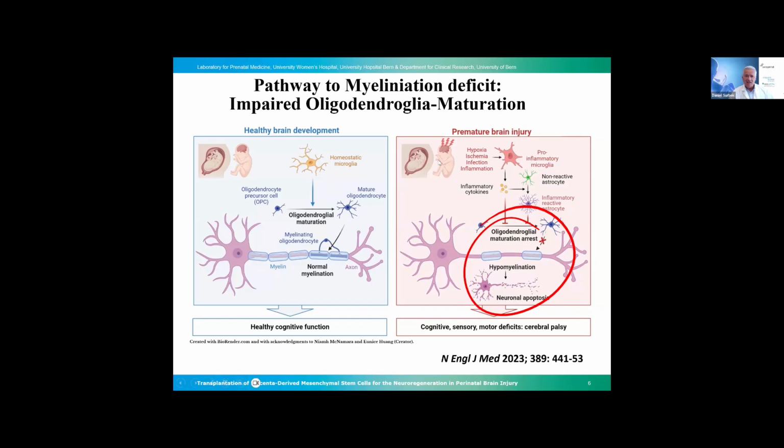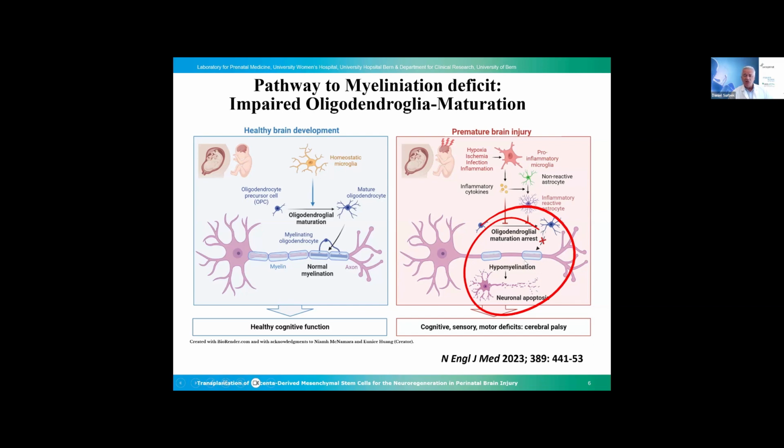Now, when there is an insult, including hypoxia or inflammation, there might be, as a consequence, an increase in pro-inflammatory microglia, leading on one side to production of inflammatory cytokines, on the other side also to an increase of reactive astrocytes, and therefore in the end inflammatory reactive astrocytes, leading to a stop of the differentiation from the oligodendrocyte precursor cells into mature oligodendrocytes, which would lead to a correct myelination.